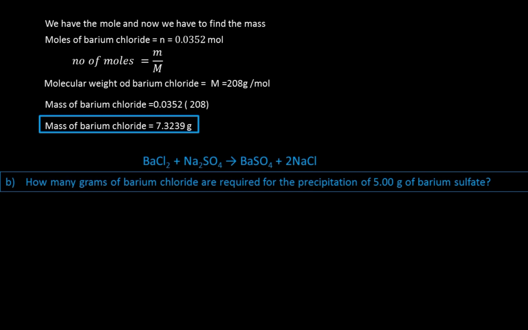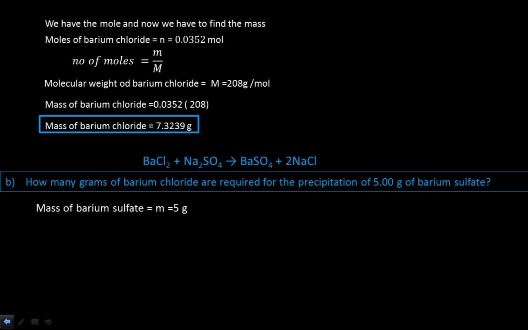So from a quantity that is a product, we are asked to calculate the quantity that is a reactant. So if we have 5 gram of barium sulfate, what would be the grams of barium chloride that are required?